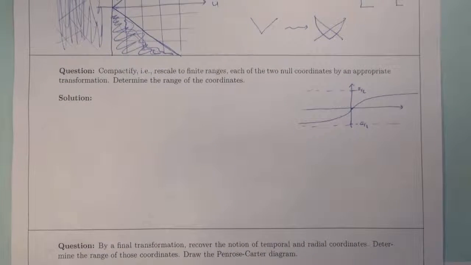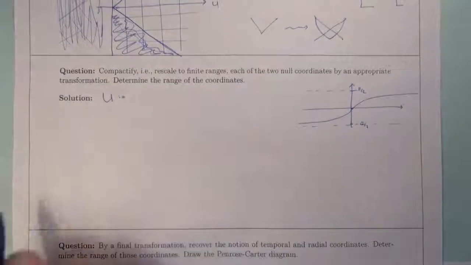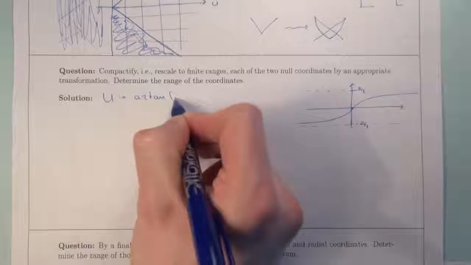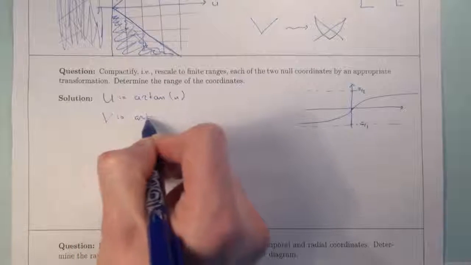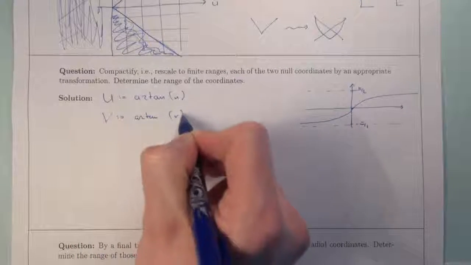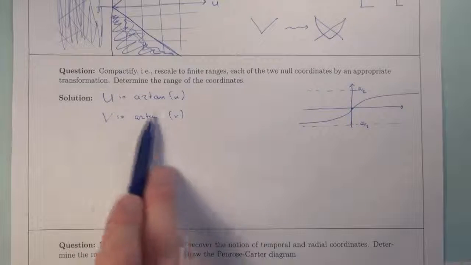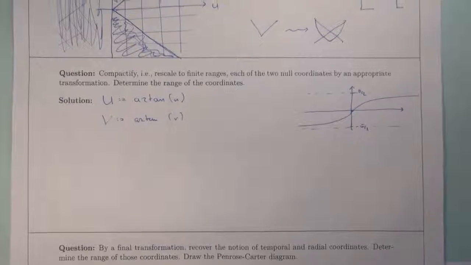So we define capital U as the arctangent of the small u, and similarly for the v. And since this one is strictly monotonous, all the conditions that we had before now also hold for the capital U and small v, and capital V.